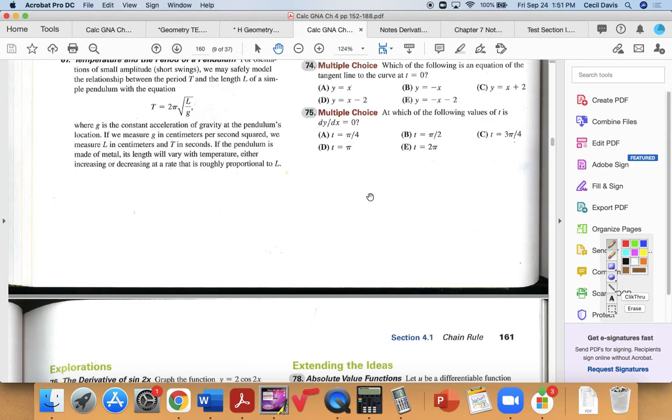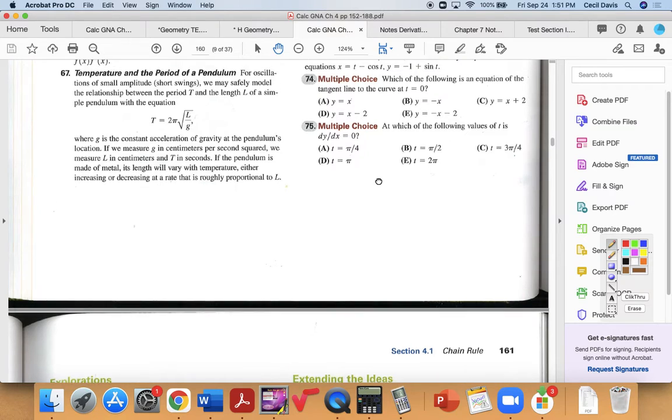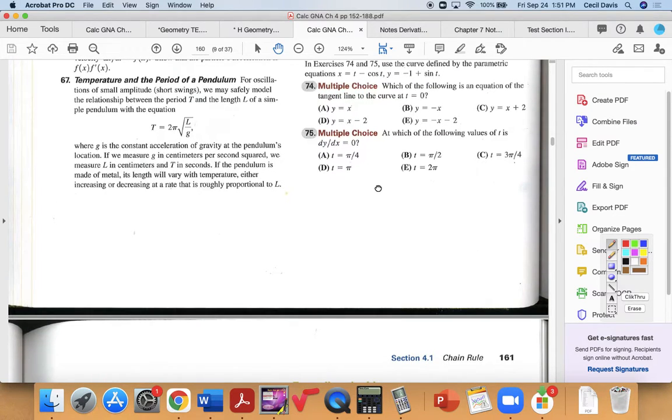Which of the following is an equation of the tangent line to the curve? So it gives you the parametric equations.